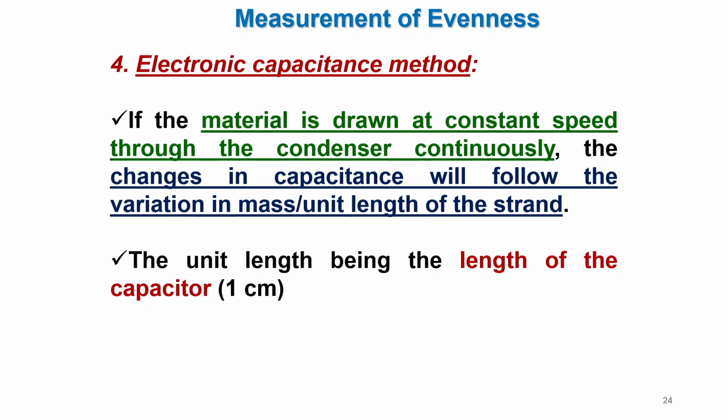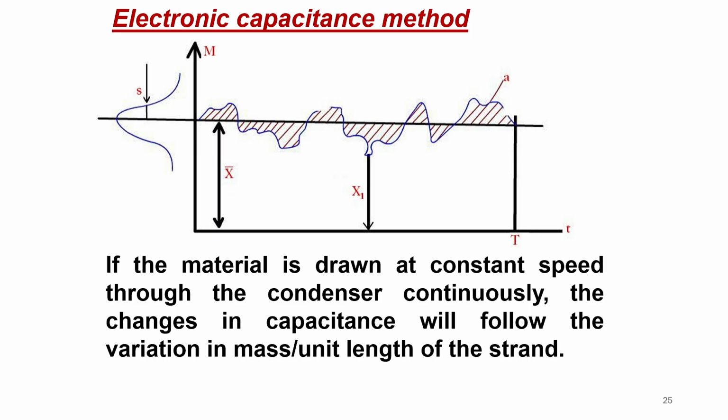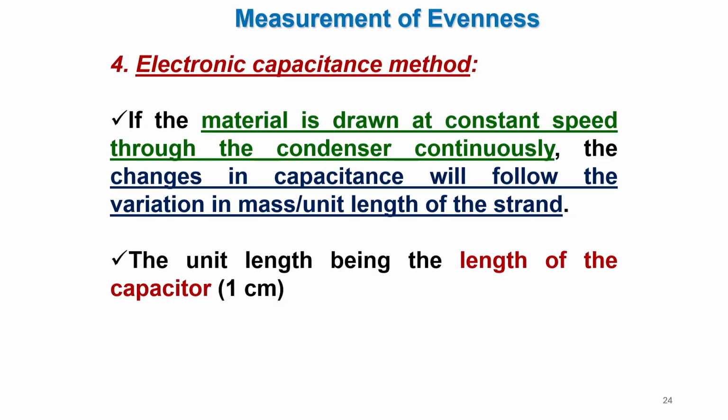If the material is drawn at a constant speed through the condenser continuously, the change in capacitance will follow the mass variation. Here the unit length is 1 centimeter, that is the length of the capacitor.